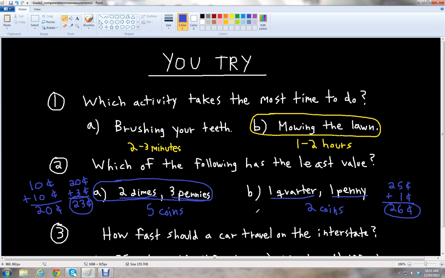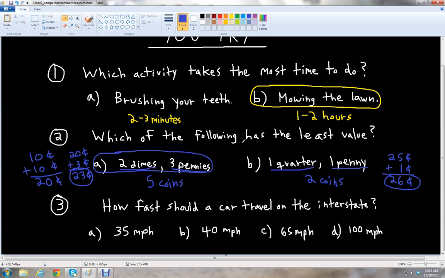Okay, last but not least, let's look at the third problem. It asks us, how fast should a car travel on the interstate? This is where cars travel a lot faster to get from one city to another, or maybe from one state to another. That's interstate, meaning one state to another, or we can think of it as entering a new state. Then we look at these choices.